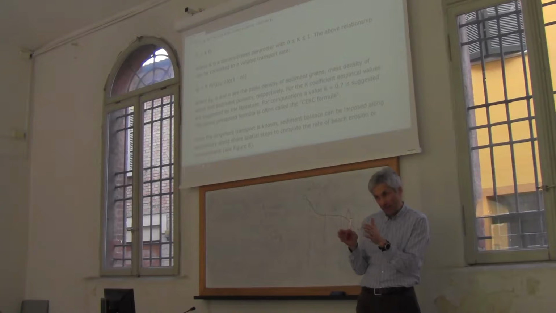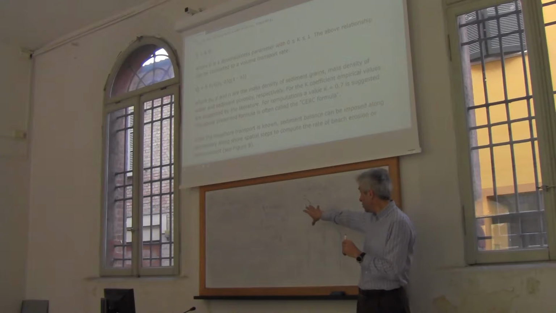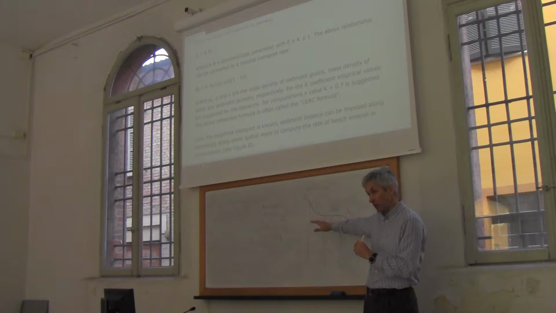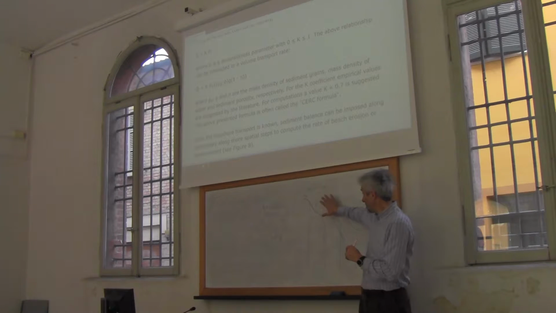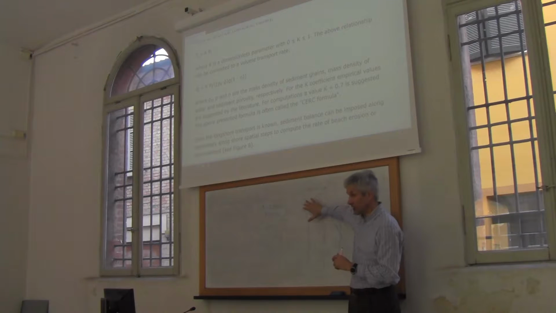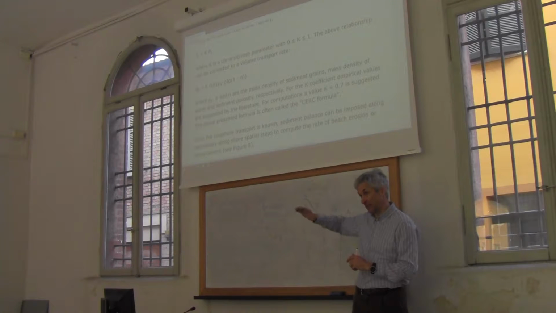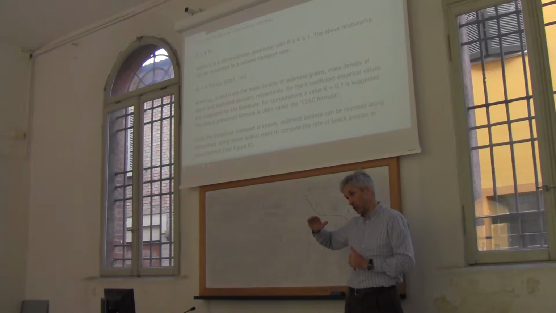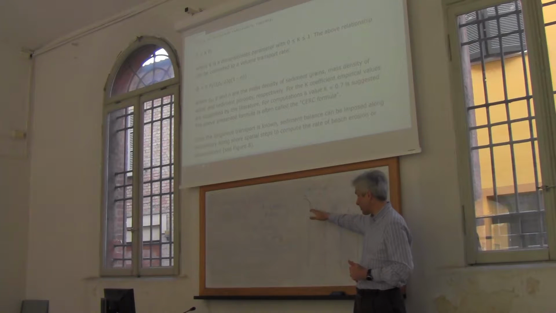Basically, the profile of the beach doesn't change. It's just shifted back and forth with the same slope of the beach, because here we are looking from the top, only at the horizontal plane. We are not looking into the vertical direction. So, when we look at the vertical direction, we have to specify the slope of the beach. So not only the beach profile is conserved, also the slope of the beach is conserved.